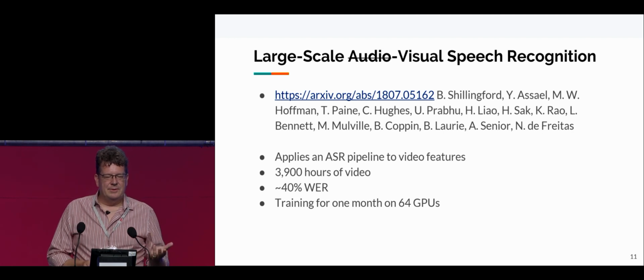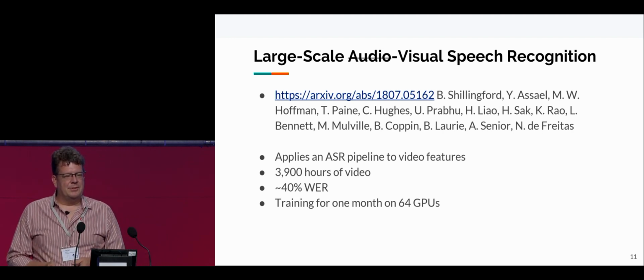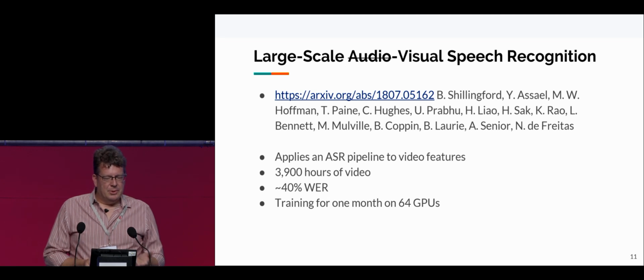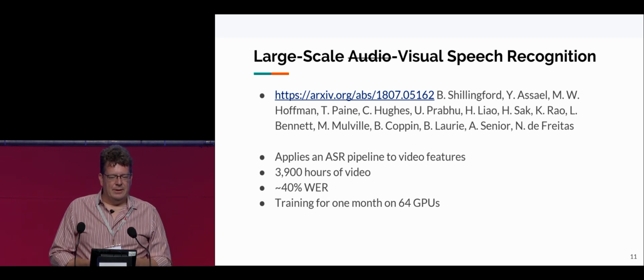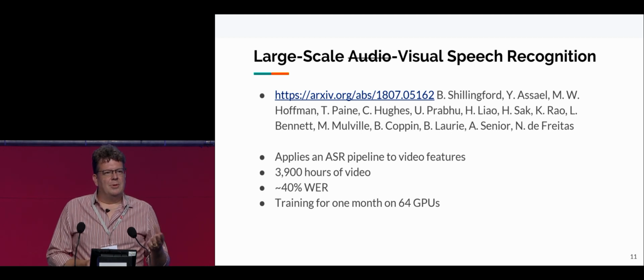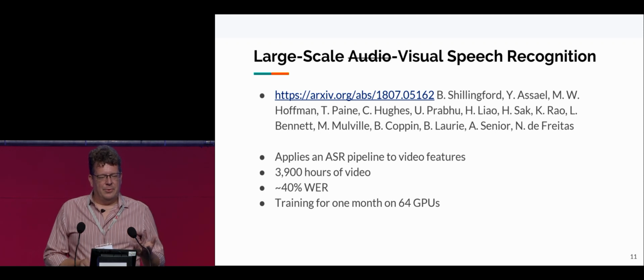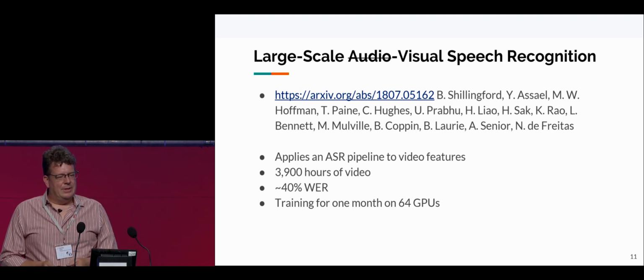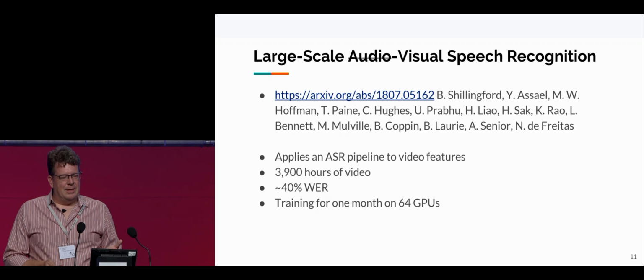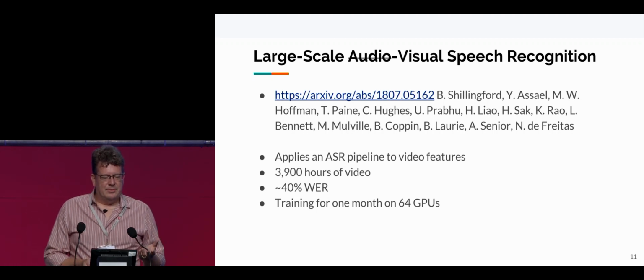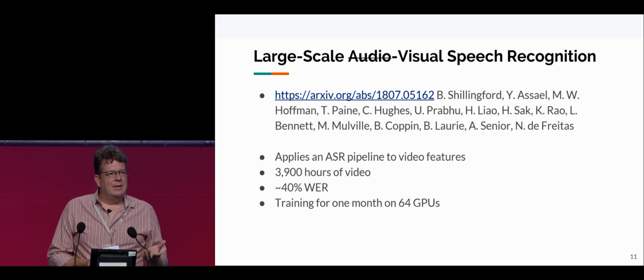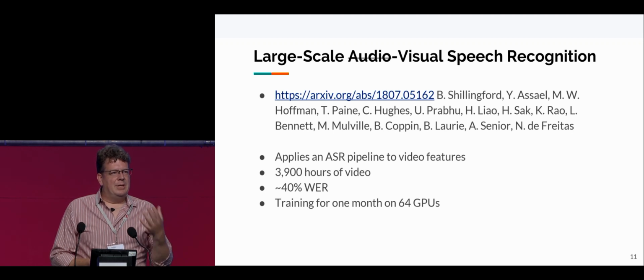One of the very recent works in the same spirit is large-scale visual speech recognition, where the idea is to take a system that can do lip reading and can do lip reading only. The most recent systems here work on about 3,900 hours of video, apply an ASR pipeline to video features, and get a word error rate of about 40% just by training on lip reading without any acoustic information at all.